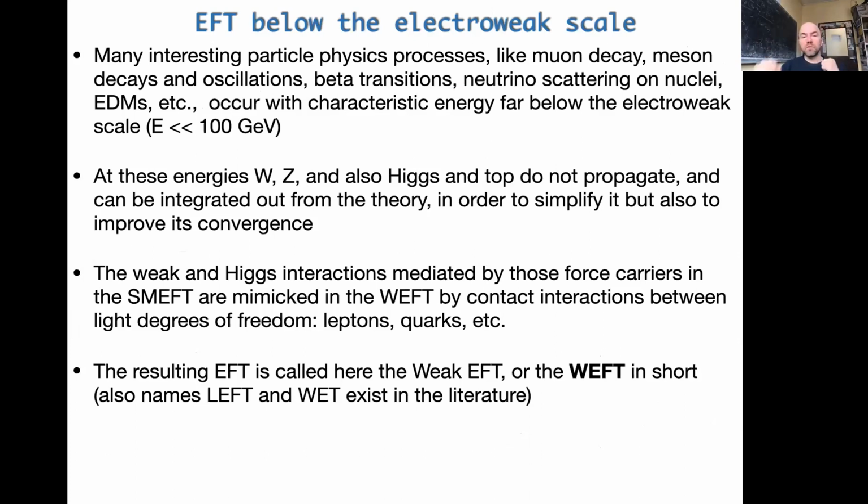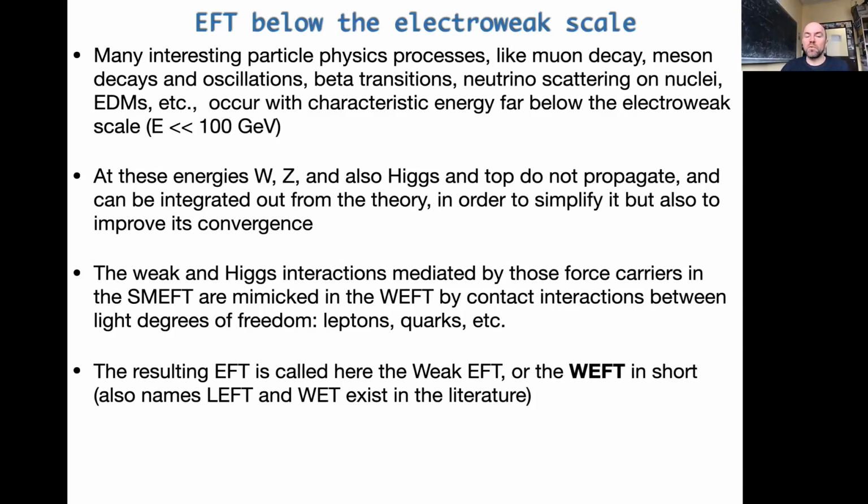So what we do is go to energies below 100 GeV. At these energies, the W, Z, Higgs, and top do not propagate and can be integrated out from the theory.